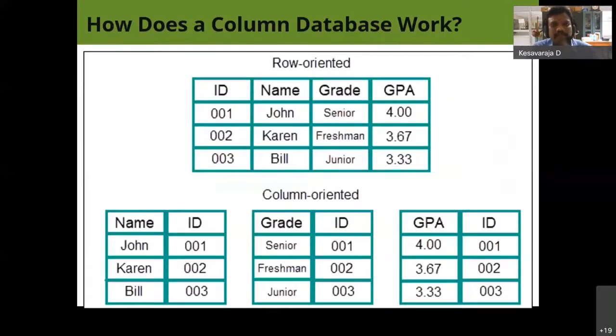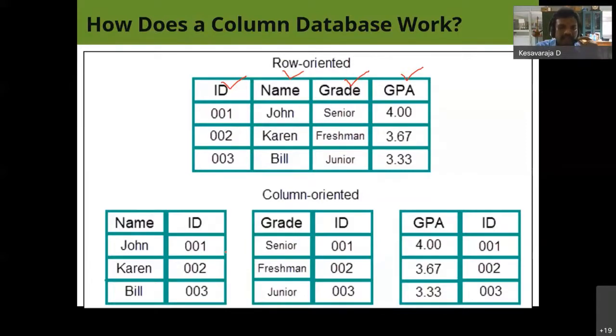Yes, please see the picture. A column database example. So the row oriented data is placed in the top. ID, name, grade, and GPA. A common identity, a common key is needed.